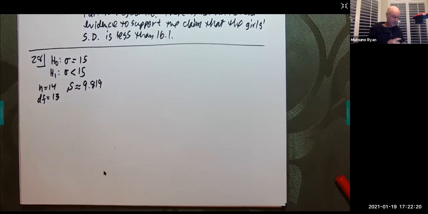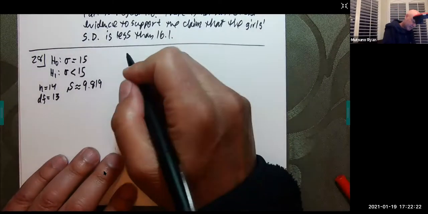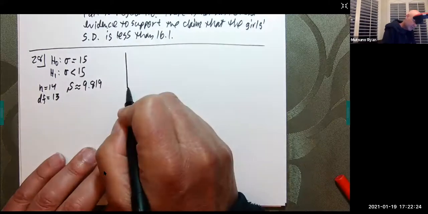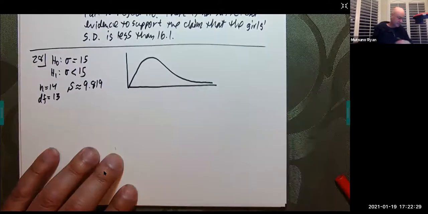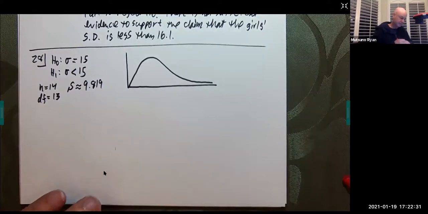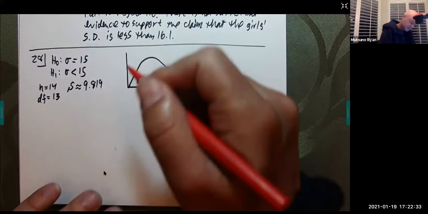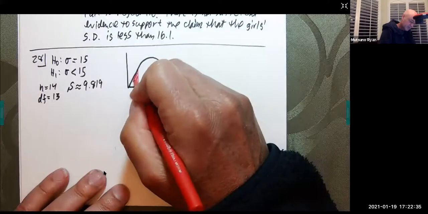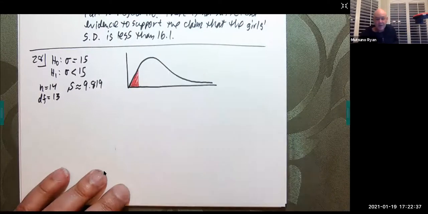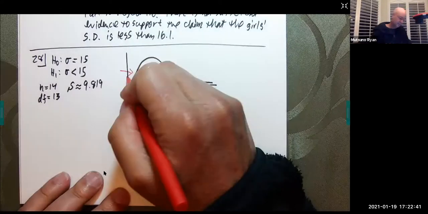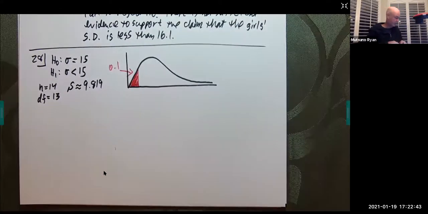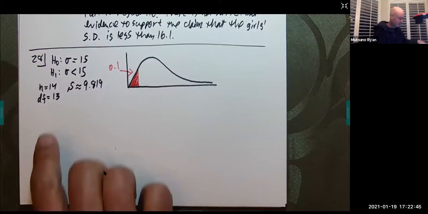All right, so let's set up our nifty graph here. So once again, this is a less than scenario. And the alpha they gave us is 0.1. That's quite large. So we're going to find our critical value. Our degrees of freedom are 13.